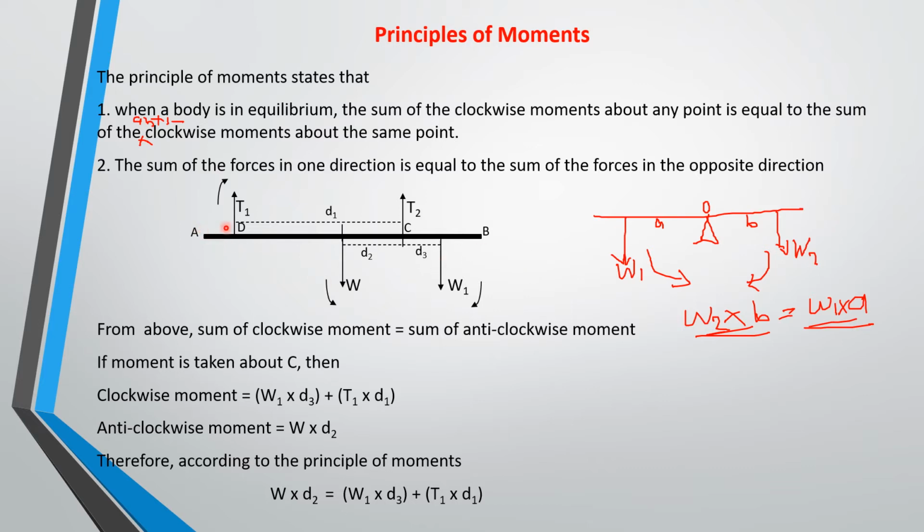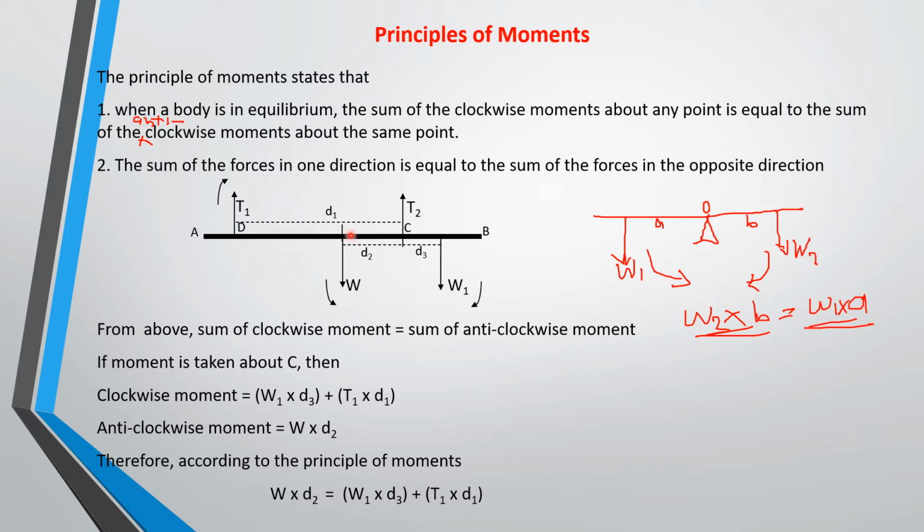Now, if you look at this particular setting, I said before that when you want to solve problems on moment, you have to choose a point where you can take your moments from. That is the point where you take your moment from. You're looking at it as the point of rotation. That is your pivot or your fulcrum. So if you look at this setting, you have 2 points where you have your T1 and T2.